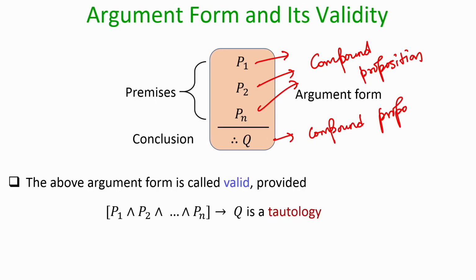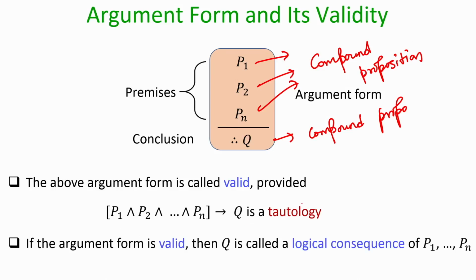And my definition of a valid argument is the following. I will say that the above argument form is valid if the conjunction of premises implies the conclusion is a tautology. If that is the case, or if my argument form is valid, then I will use the term that Q is a logical consequence of P1, P2, Pn.